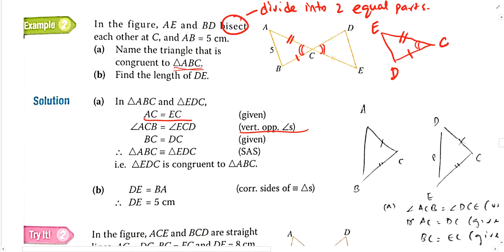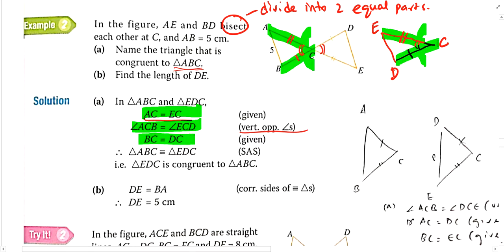Because, like what I wrote on the board, when you have two lines that intersect like this, these two angles must be the same. Vertically opposite angles. So now I have proven that, or let me just put it in green. Those things that I've already proven. AC equals to EC. So AC and EC are the same. Then the angles, this angle and this angle, proven to be the same already. Finally, BC equals to DC.